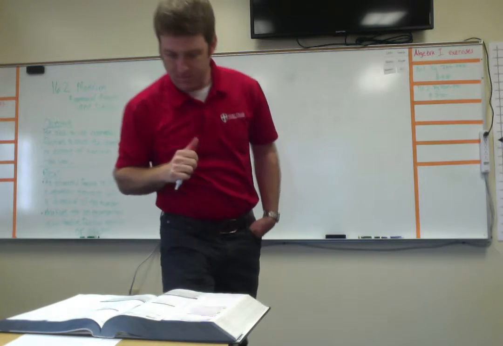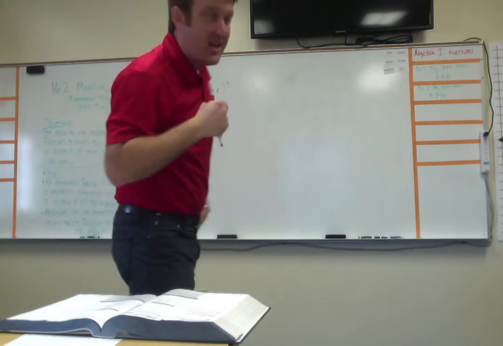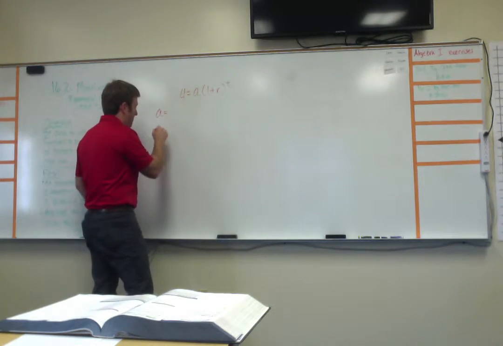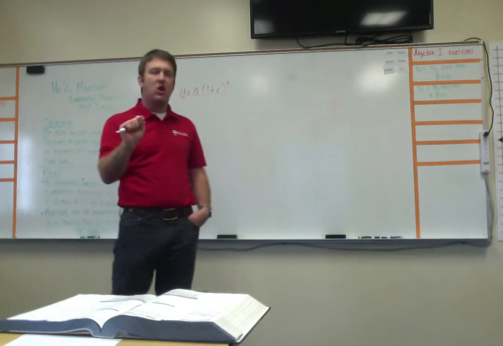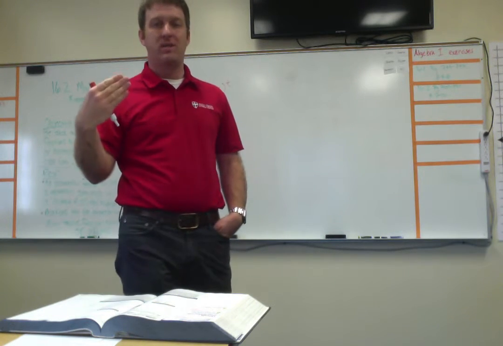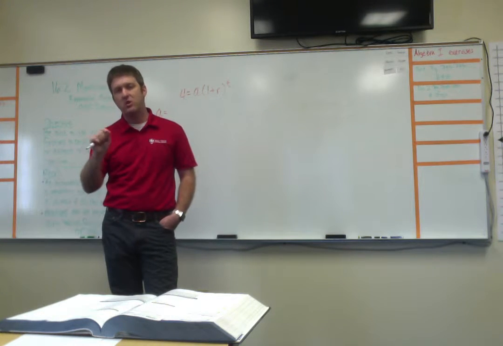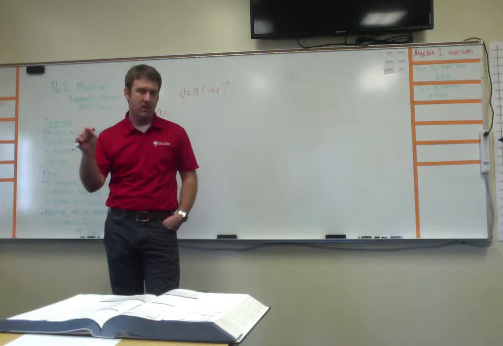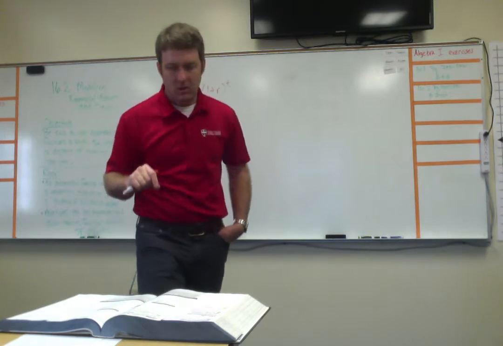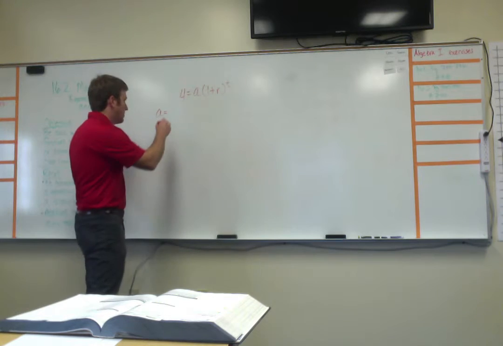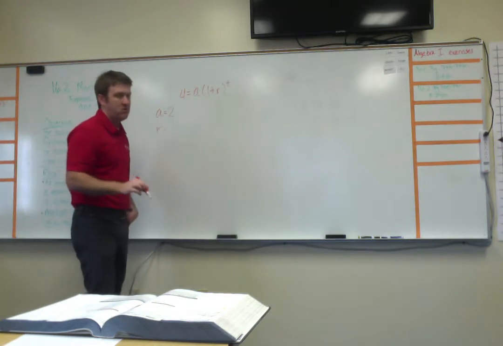Okay? So we know that we need to find a and r. A is our starting value, our starting quantity, in this case price, and r is our change per unit of time. So we're dealing with a starting value of $2, so A is 2.